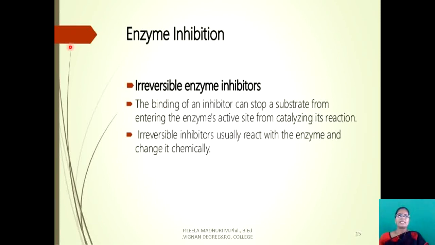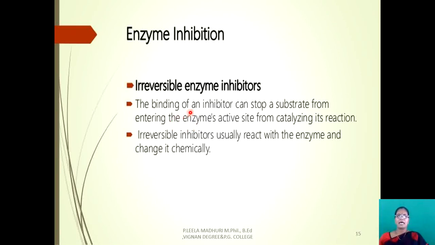Coming to the second category of inhibitions, those are the irreversible enzyme inhibitions. In the presence of these, the inhibition reactions cannot be reversed. The binding of an irreversible inhibitor can stop a substrate from entering the enzyme's active site and catalyzing its reaction.